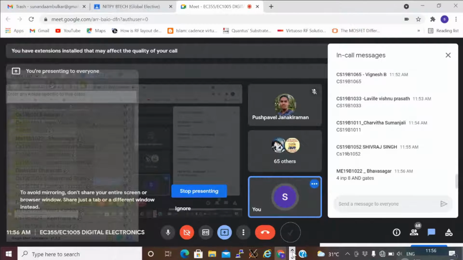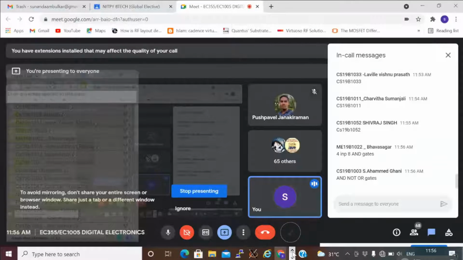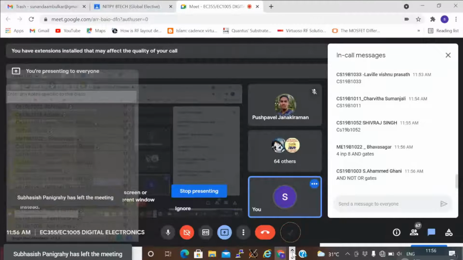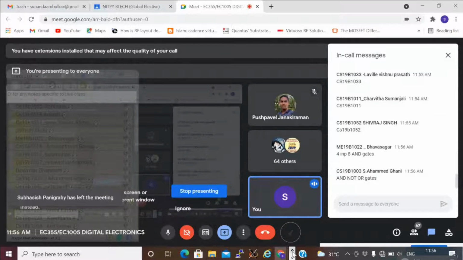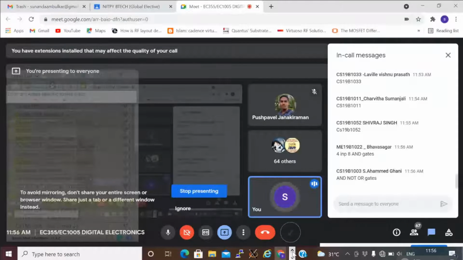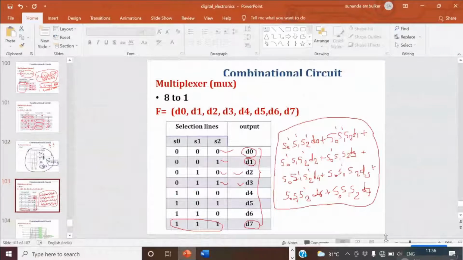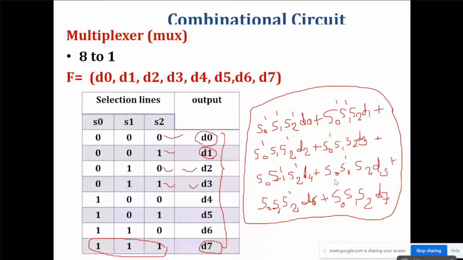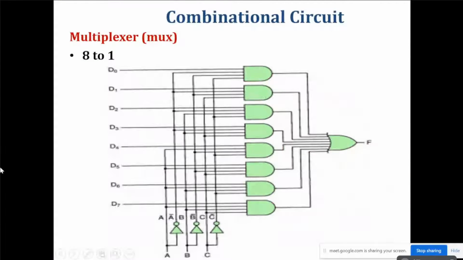Yes, 8 four input AND gates, and yes, 8 input OR gate, and 3 NOT gates, okay?